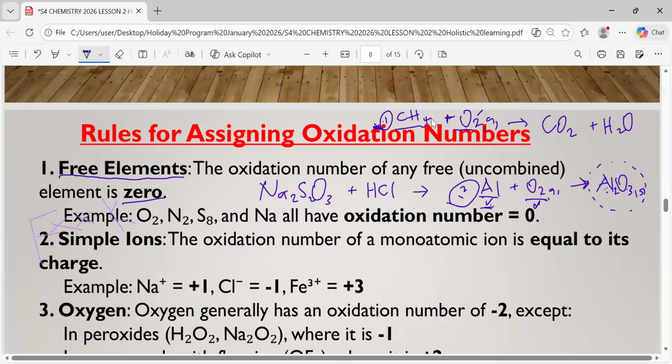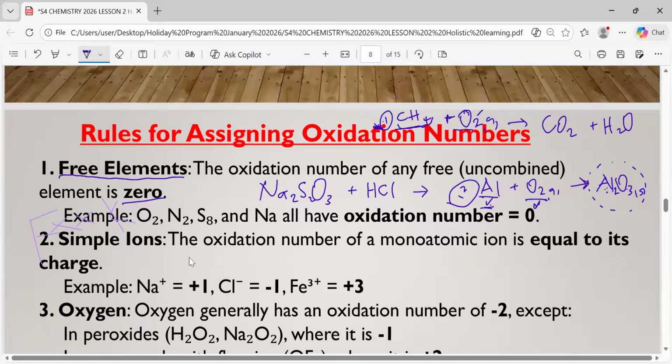Very good. So in methane, there's a combination of carbon and hydrogen. They are combined in one compound, meaning those are two elements which are joined together. But when we come to oxygen, it is one element, but two atoms of the same what? Element. So that one becomes a free element. So we're saying that for any free element, its oxidation state is 0.